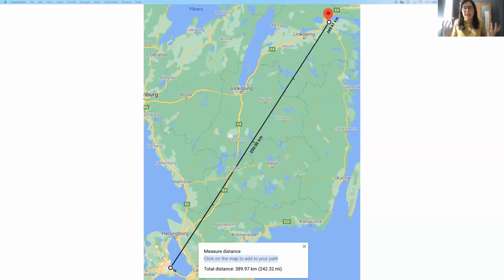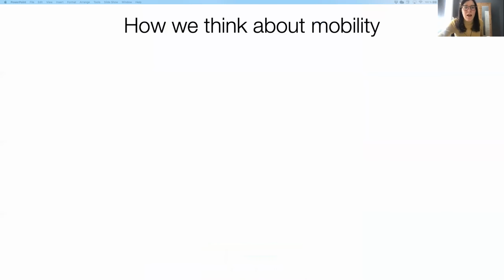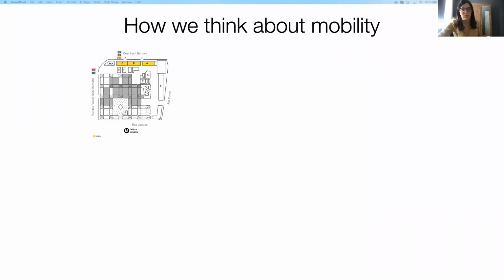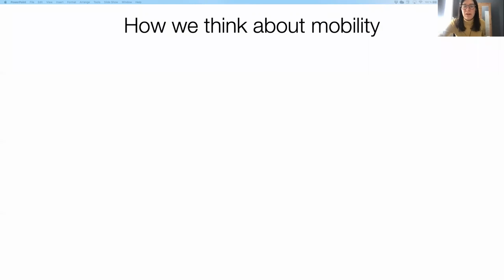So when we think of traveling, we think in terms of spatial scales: we travel within our neighborhoods or within our city. It's really intrinsic in the way we think of space. And actually, this is well understood in spatial cognition science, where it is clear that the way we think of space is in a hierarchical fashion.